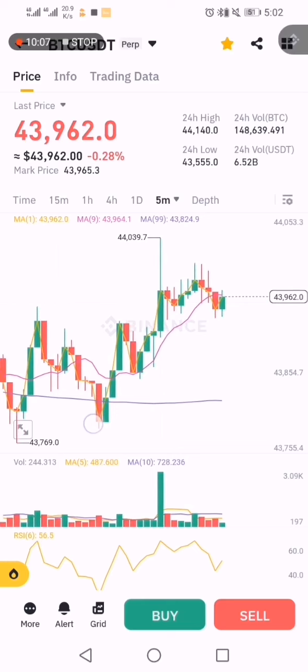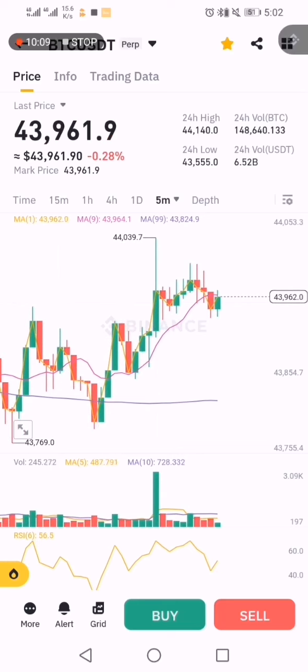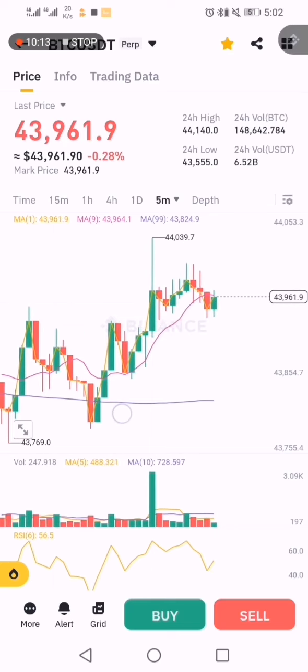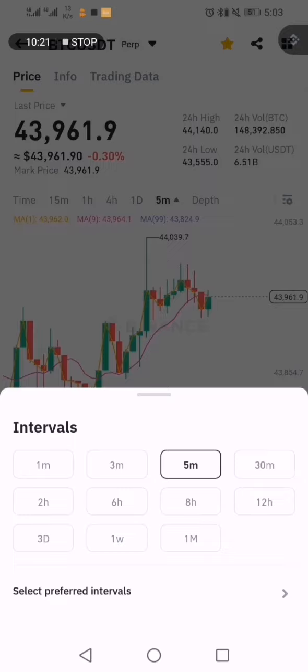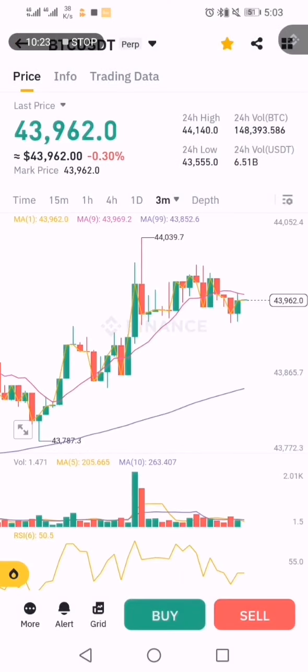We can see all the bullish candles, we can see all the bearish candles and all those things. So now let's go to 3 minutes as well. It's becoming more refined now. The things that are happening now are getting more refined.